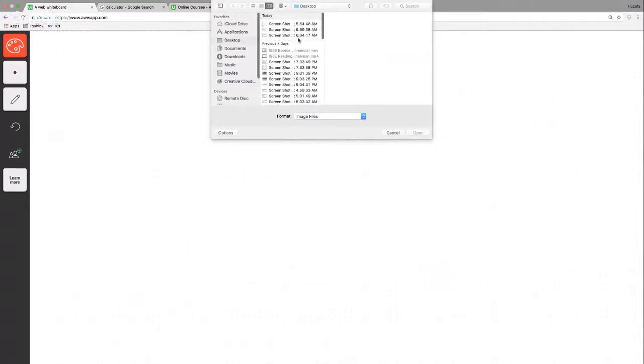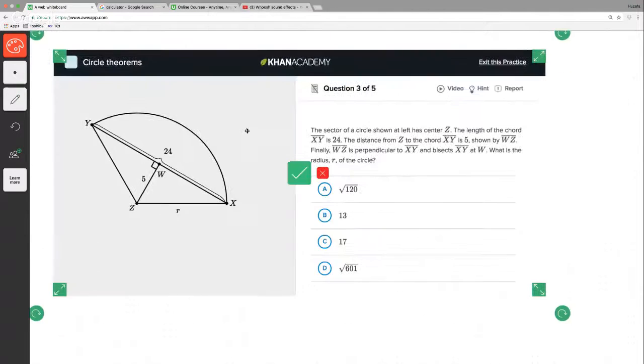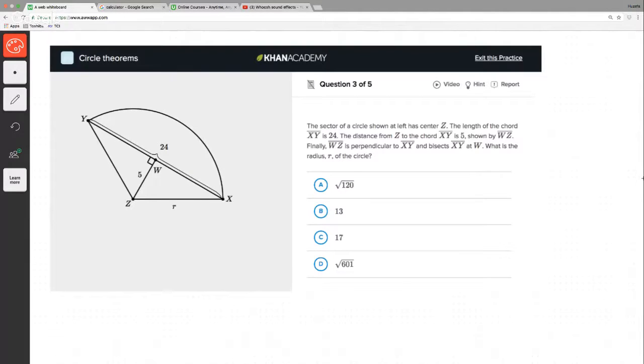Let's go to number 3. Here we go. The sector of a circle shown at left has center Z. The length of the chord XY is 24. Wait, sector. Center Z. Where's center Z? There it is. The length of the chord XY is 24, and we got that nicely in here.